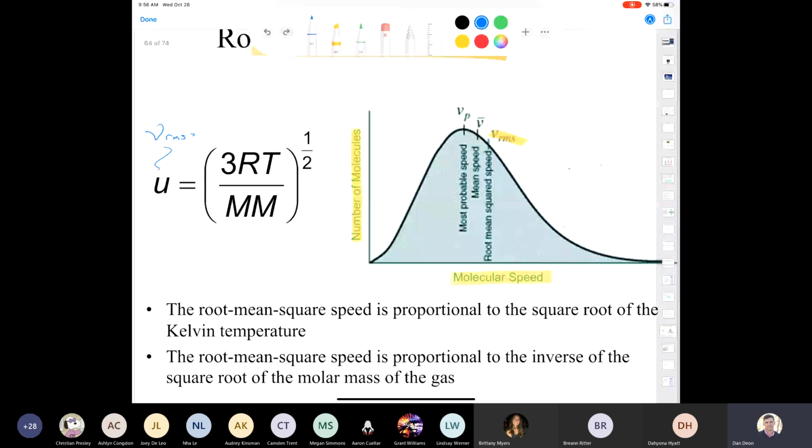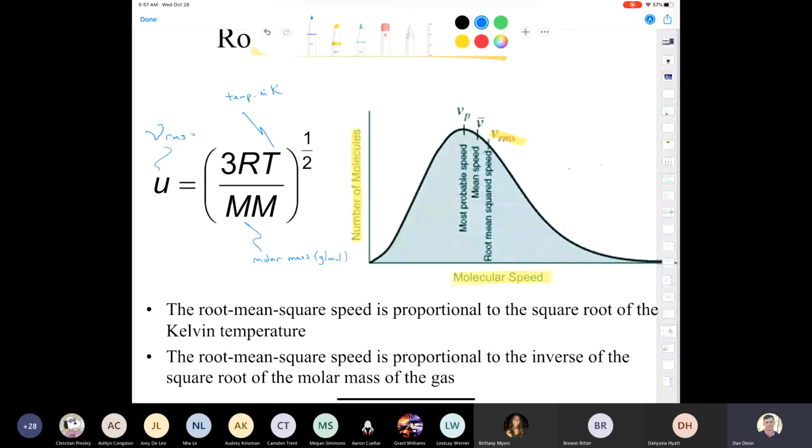So the root mean square speed is equal to the square root of 3RT divided by the molar mass. This is molar mass in grams per mole, and this is temperature in Kelvin.